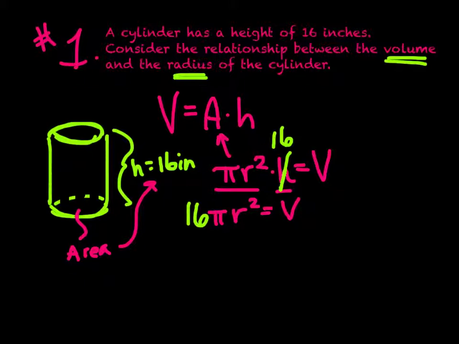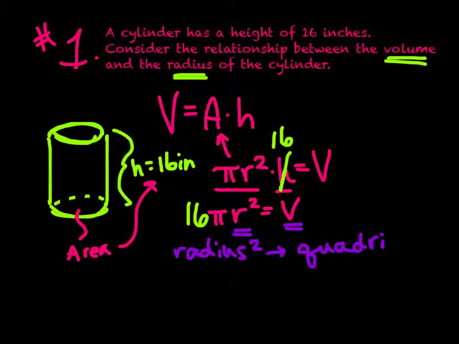So looking at the relationship between the radius and the volume, I can see because the radius is squared, we have a quadratic relationship. So that is our very first thing that we can say. We have a quadratic relationship. It's quadratic.